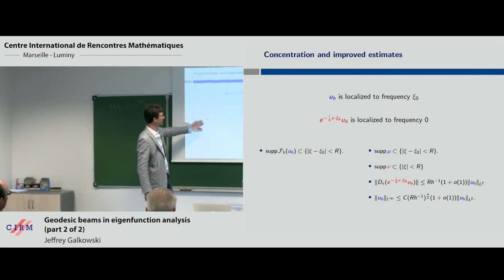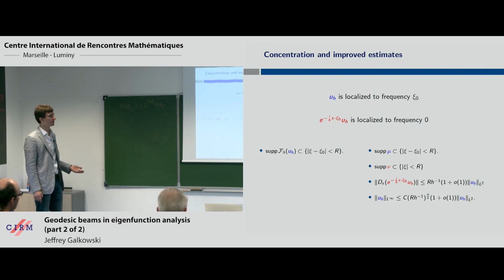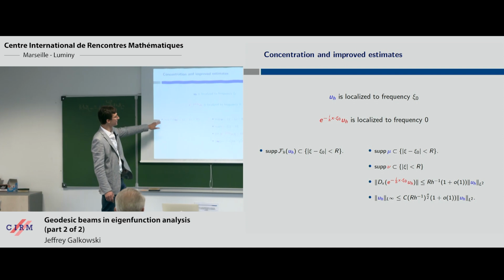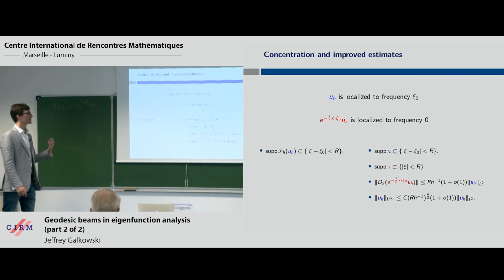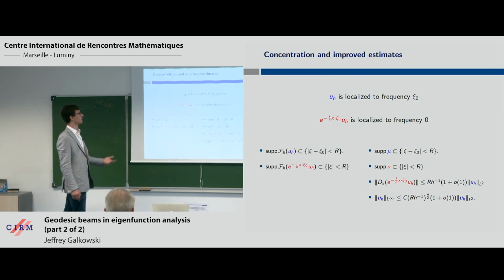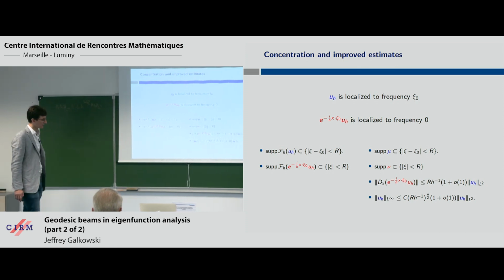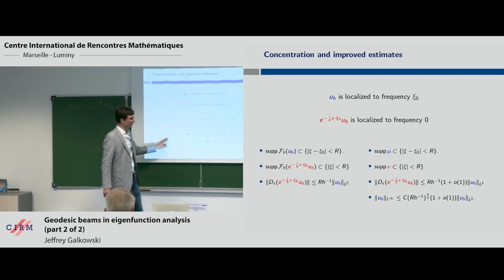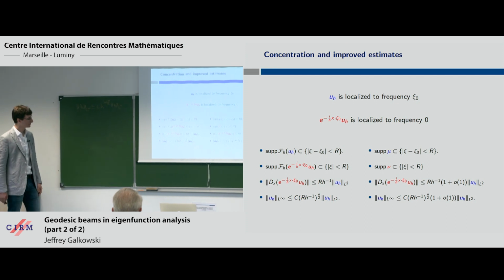But here I'm just going to talk about the support of the semi-classical Fourier transform, which again, roughly, is the wavefront set. I'm going to tell you the same story now, but the semi-classical Fourier transform is now supported at frequency xi_0 up to scale r. If you remove this oscillation, this red function is supported at frequency xi less than r. You can do exactly the same thing. The only difference is now I don't have these annoying errors, and I can use the Sobolev embedding.